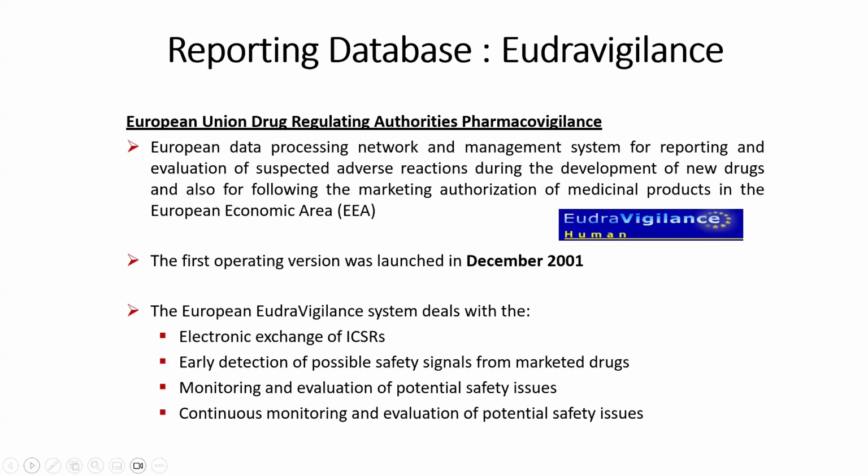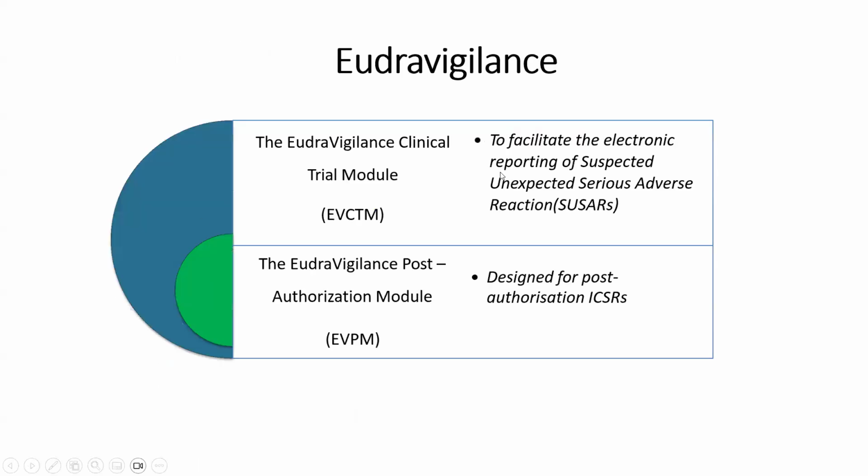So I'm moving to the next. EudraVigilance has two modules: first is the EVCTM and second is the EVPM. EVCTM is for the clinical trial module. When a case is received from a clinical trial, we have to follow the EVCTM module and process the ICSR in this module only.